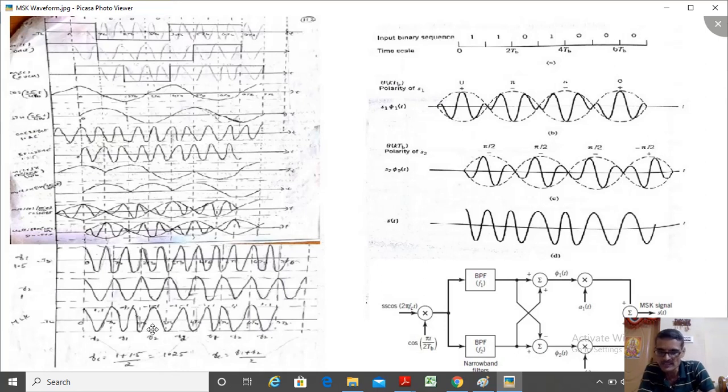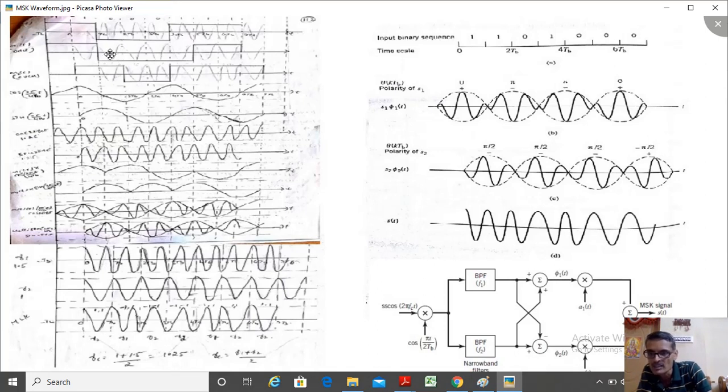Now, how to draw the signal? This signal is nothing but the summation of these two signals, that is the output of the adder, the MSK signal. So how to draw this waveform, I'll tell you. If this is 1 and this is also 1, in that case you transmit F2. That means if both have the same polarity, transmit F2. If they have different polarity, transmit F1.